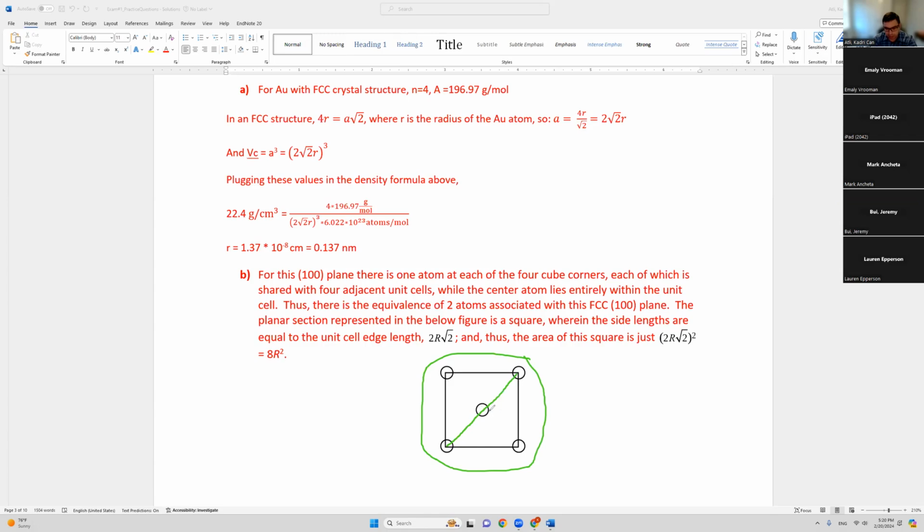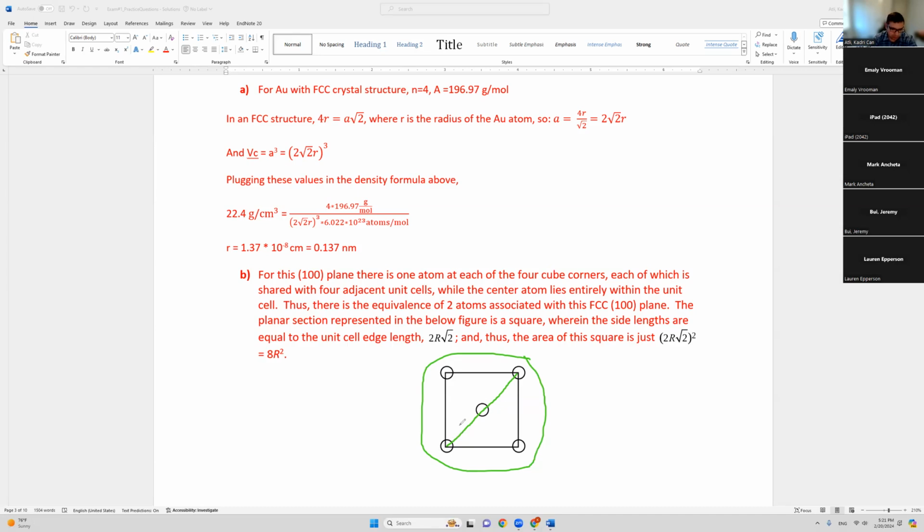This is the reduced sphere model, but if you visualize the hard sphere model for the 100 plane, you should know that these atoms along the diagonal are in contact, okay? So the side lengths are equal to the unit cell length, and the planar section represented in the figure below is a square, wherein the side lengths are equal to the unit cell edge length, 2r square root of 2.